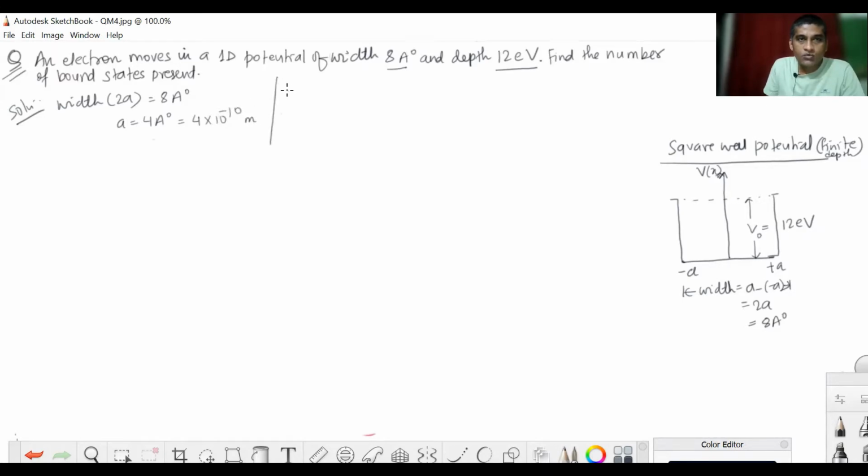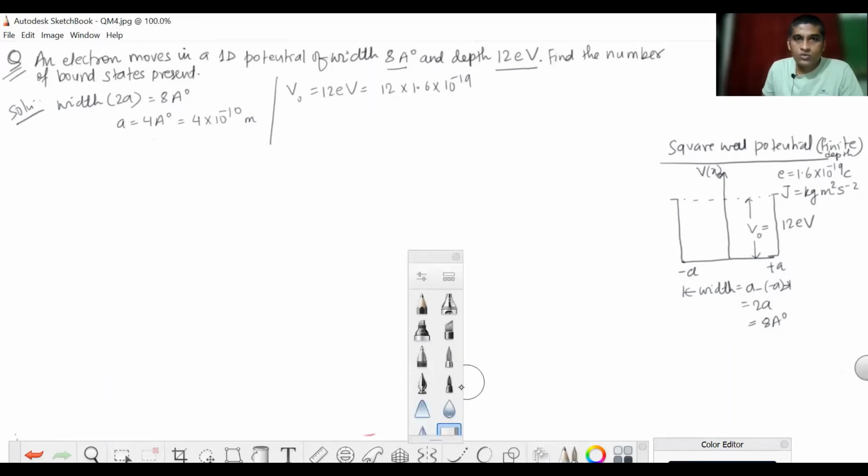Now we have V naught equals 12 electron volt, and we know the charge e is 1.6 into 10 to the power minus 19 coulomb. So 12 into 1.6 into 10 to the power minus 19 coulomb volt. Coulomb volt is nothing but joule, and we know joule equals kg meter square second to the power minus 2.